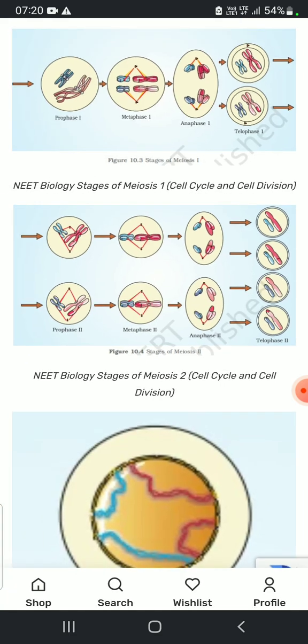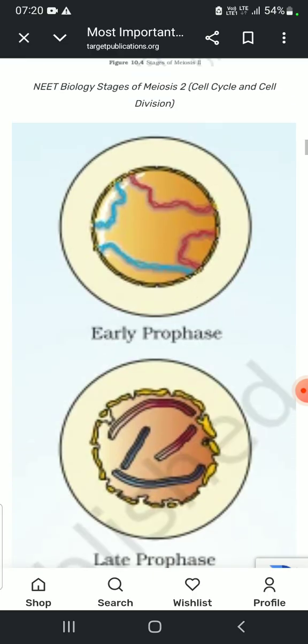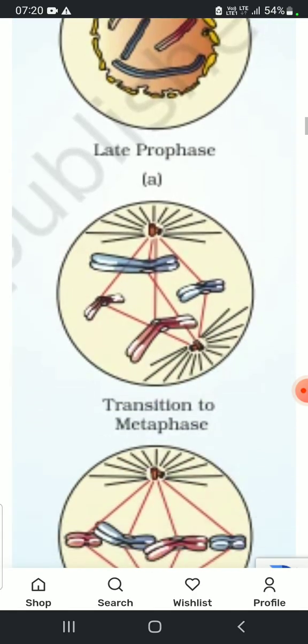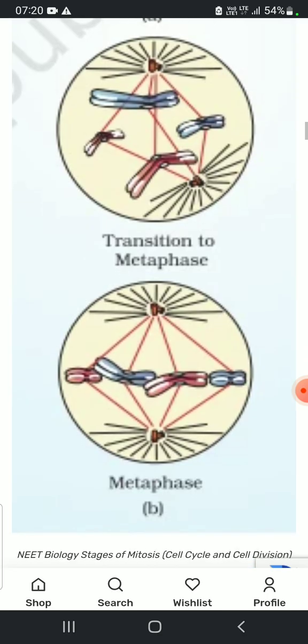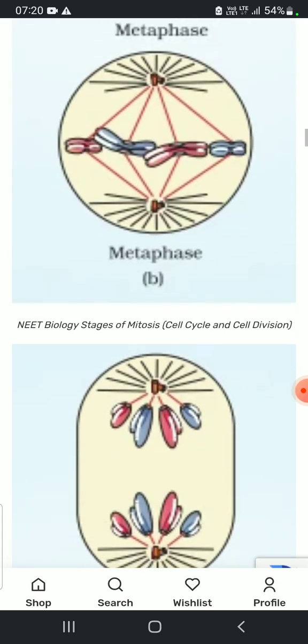The stages after meiosis 2. After meiosis 2, 4 cells are formed. Next we have early prophase, then late prophase, then we have transition to metaphase, then metaphase. So these are the stages of mitosis.